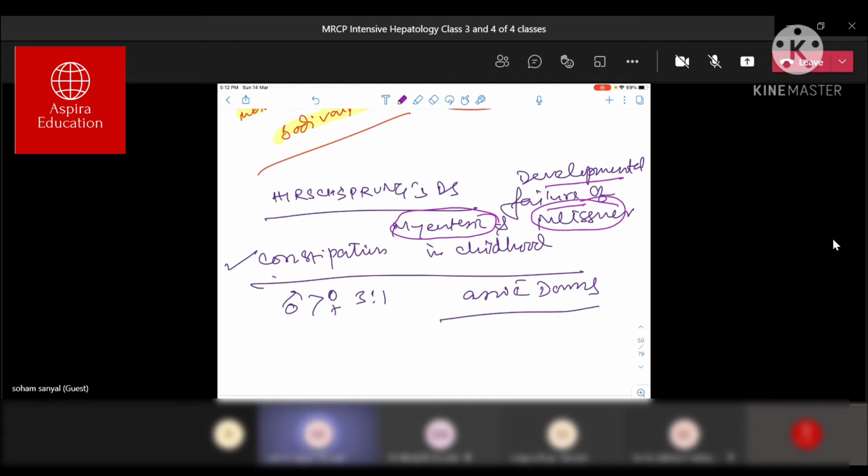Remember one thing, we are going to write an exam on internal medicine, so mostly there will be no question that will come from pediatrics. That is very important. But occasionally, diseases that have more implication in childhood are important because they can come as a statement in a question.